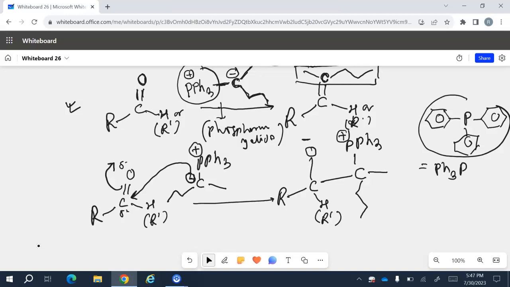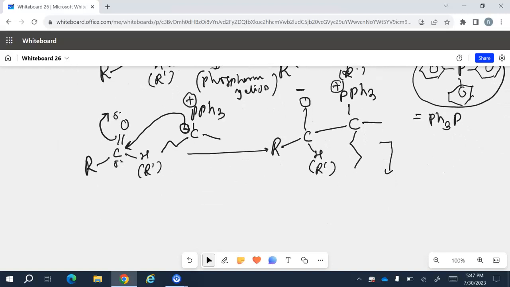Now you can see very clearly that O minus and P plus, phosphorus with the plus, are staring at each other. So that is when they will form a bond, right? And it will form the four-member ring structure. That is what we call betaine, the intermediate. So R, C, H or R prime, depending upon aldehyde or ketone.